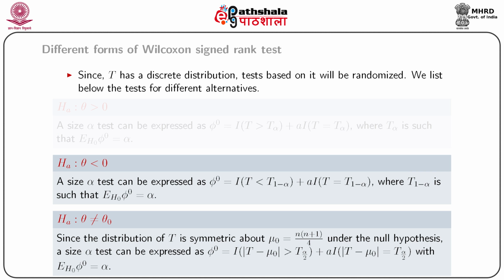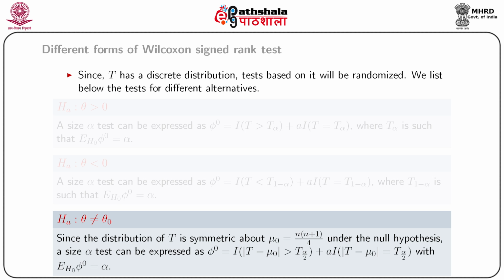Now, for the alternative theta less than 0, we find the size alpha test as phi naught equal to indicator T less than t 1 minus alpha plus a times indicator T equal to t 1 minus alpha, where t 1 minus alpha is such that the test is of size alpha.